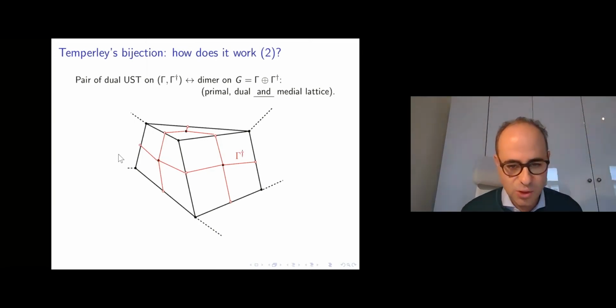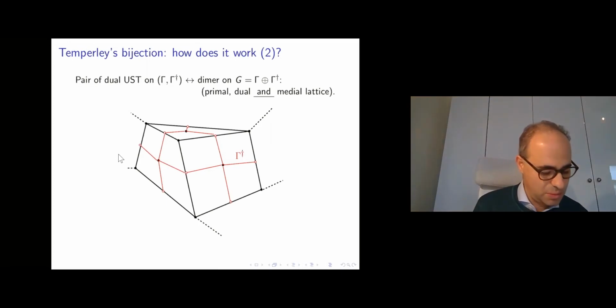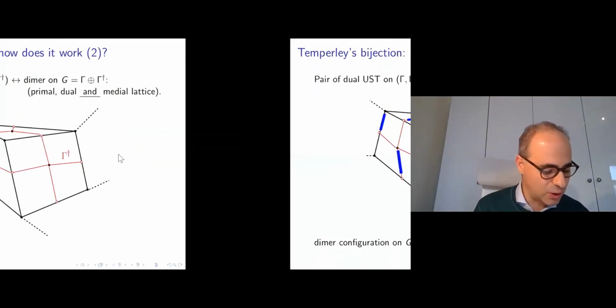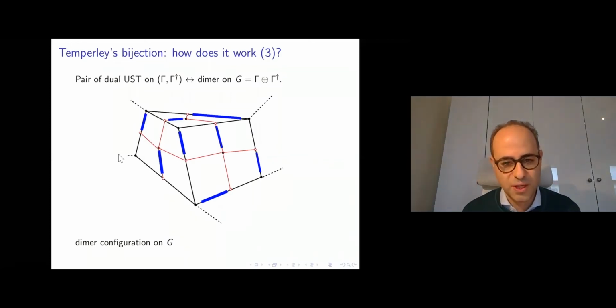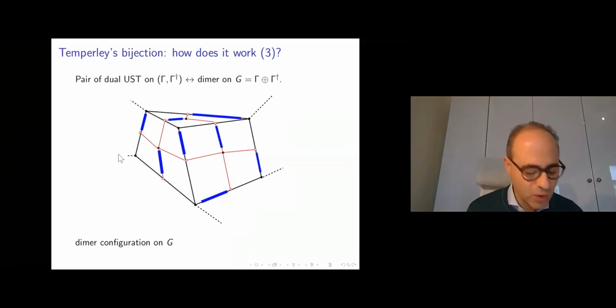So that's the superposition graph G. And what I'm going to show you is how to start from a dimer configuration on the superposition graph and obtain a pair of dual uniform spanning trees on gamma and gamma dual.